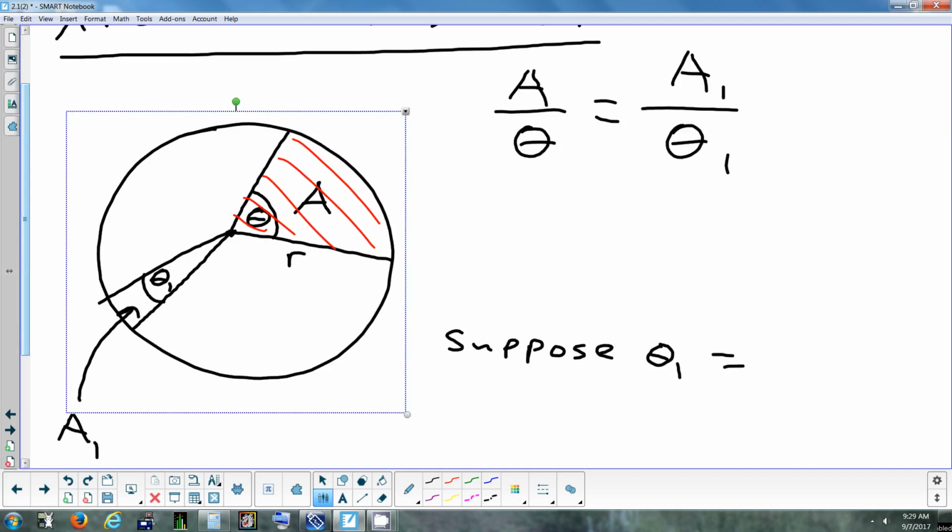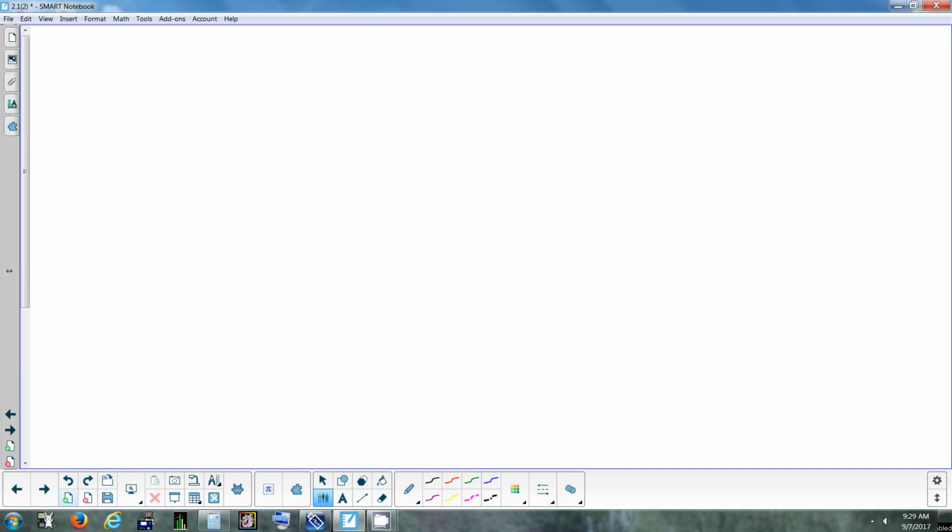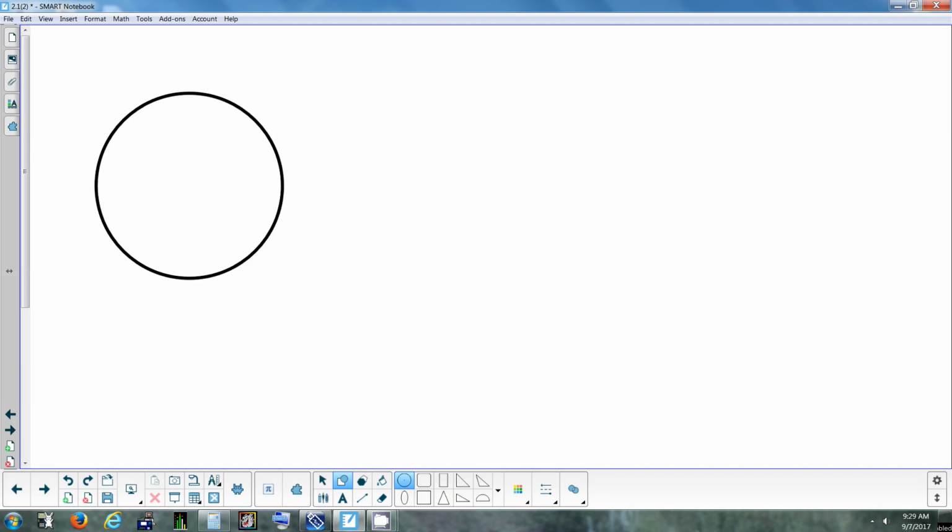Does this one have to be degrees or radians? This one is also going to be in radians when we're done. Pi. Okay, let's let the angle be pi. Let me draw a circle. Pi is equivalent to 180 degrees.